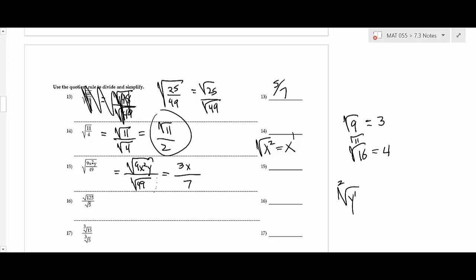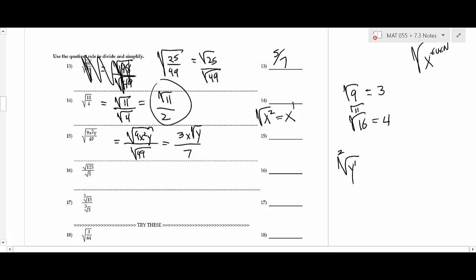So you're just going to leave that alone like that. You could write y to the 1/2 also. It's not necessary to do that, but it's not incorrect. Okay, the point that I want to make right now is all we know how to do is the square root of something to an even exponent. That's it. We're going to learn how to deal with the odd in a little bit here.